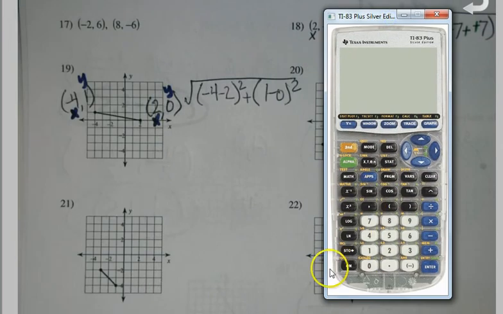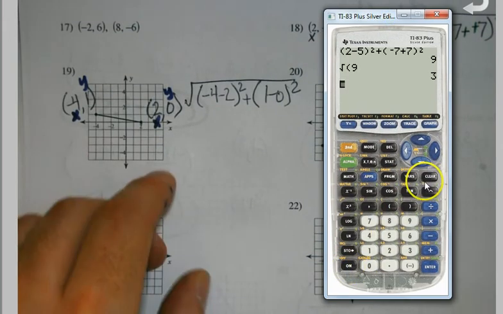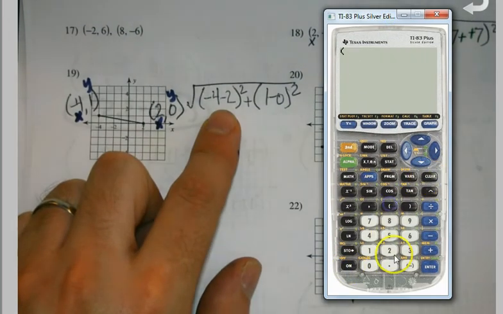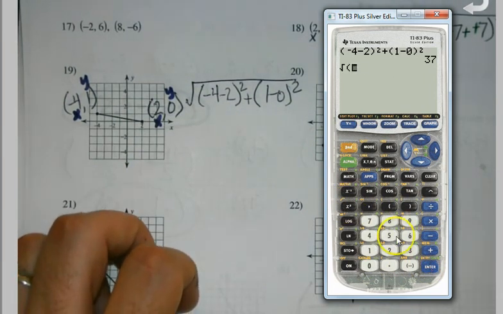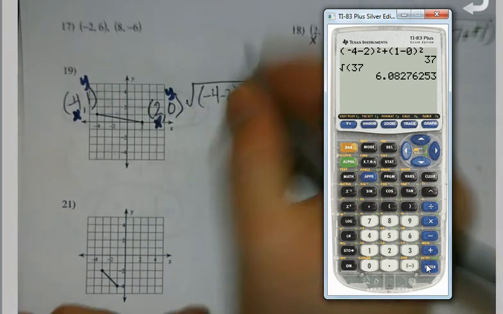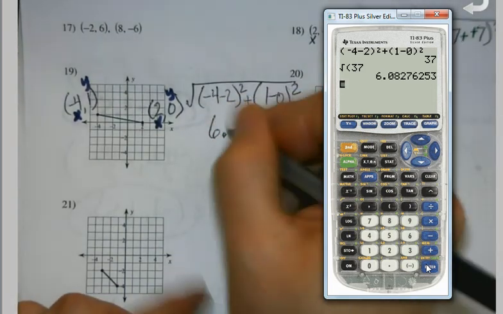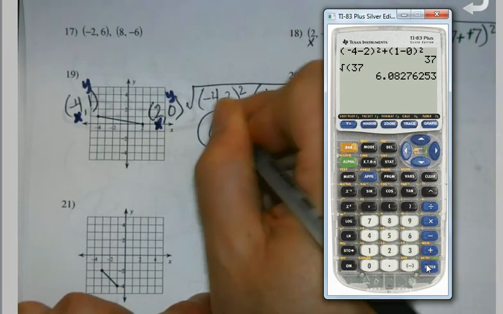Again, I'm just going to keep doing it in pieces. Let me do what's underneath first. And then again, whatever answer I get, I'm just going to take the square root. And if I get a funky decimal, we'll just go to a couple of decimal places.